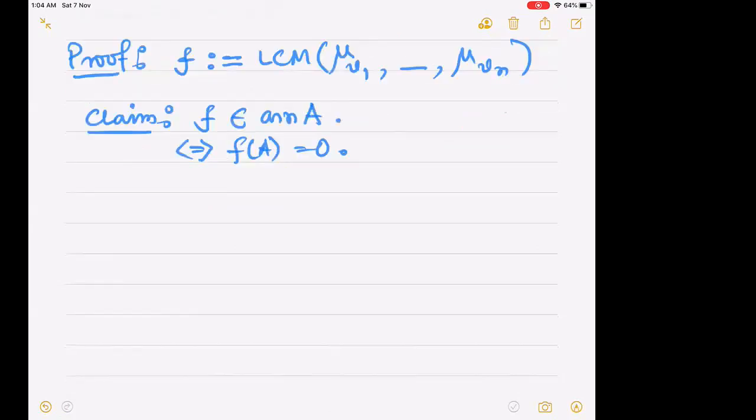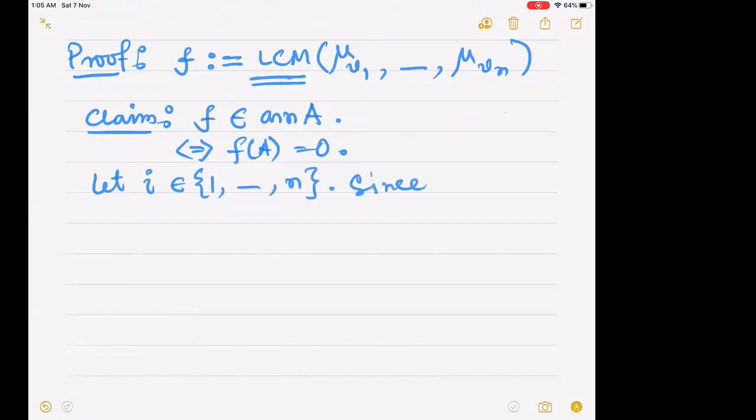Well, f is the LCM, right? So f must be a multiple of mu_v1, mu_v2, and so on. So let i belong to the set 1 to n.